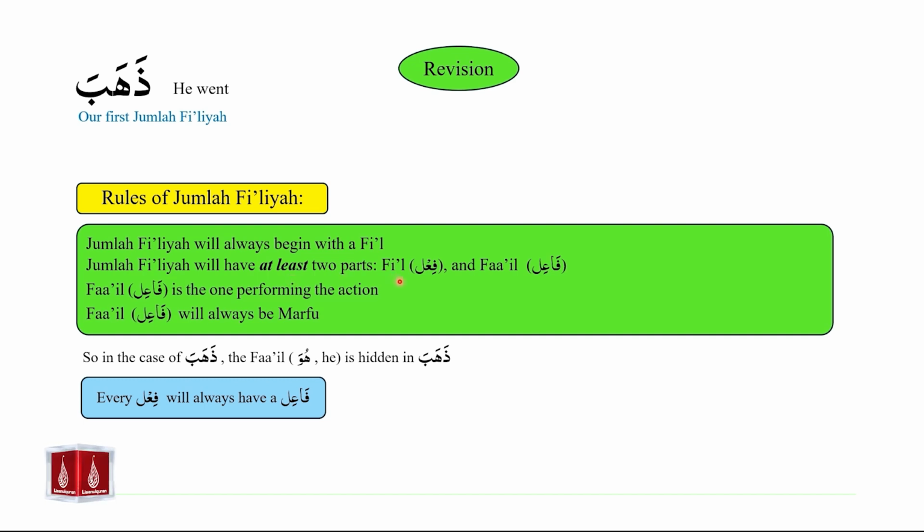The first part is the fi'l, and the second part is the fa'il. Fa'il is the one performing the action. Fa'il will always be marfu. Every fi'l will always have a fa'il. So in the case of Zahaba, the fa'il is huwa or he, and the fa'il is hidden in Zahaba.